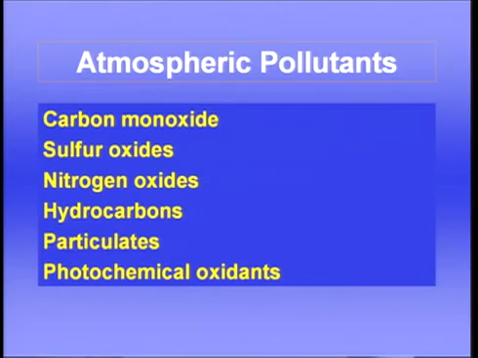Particulates include soot and other particles, and they are often formed by industrial processes. And finally, we have photochemical oxidants that we'll talk about in a few minutes. They're extremely important because they are the components of smog, which is a serious problem in many environments.